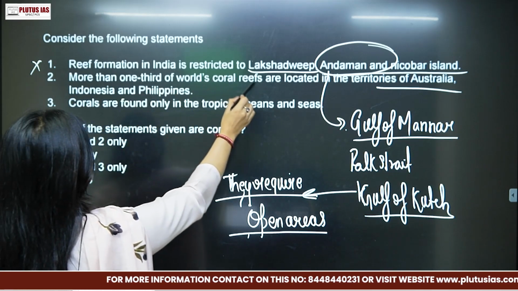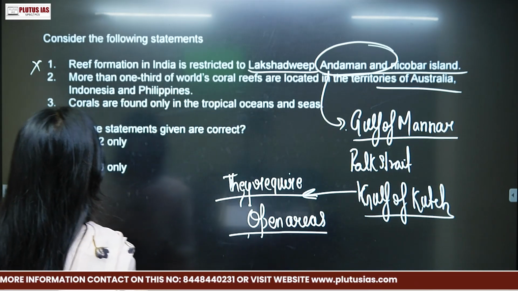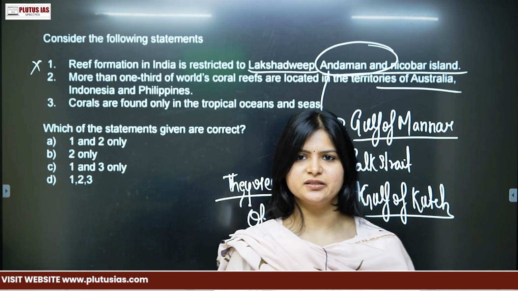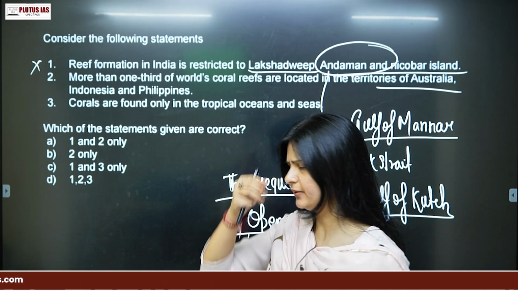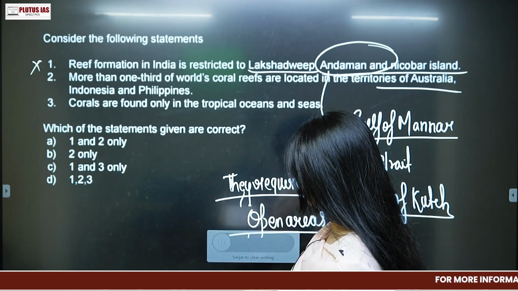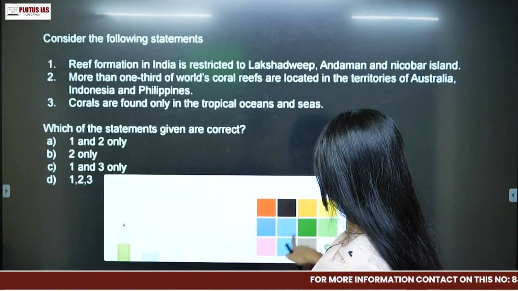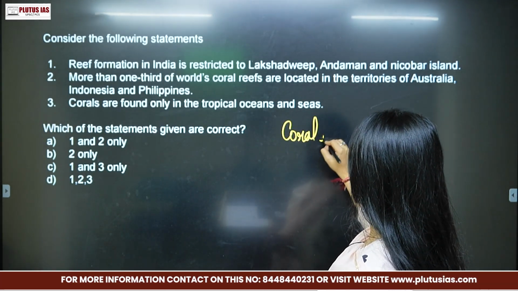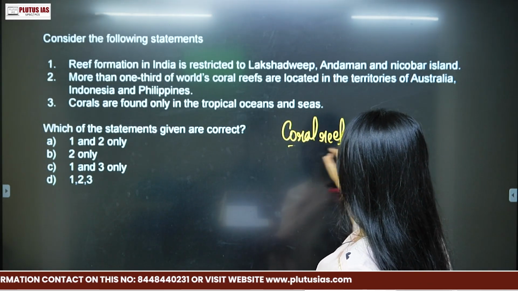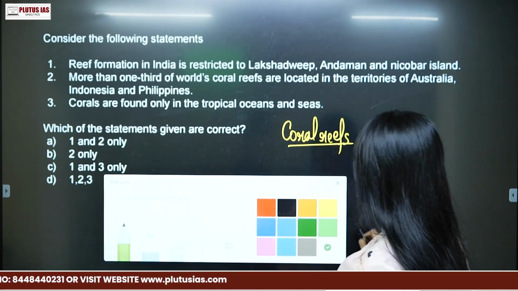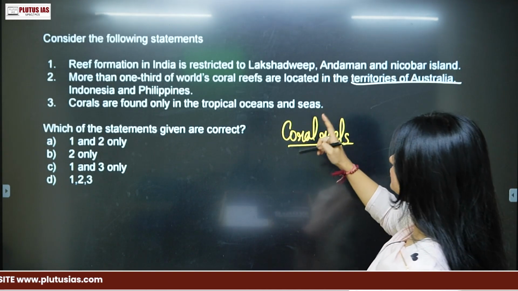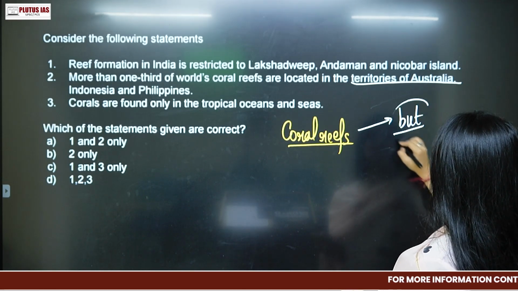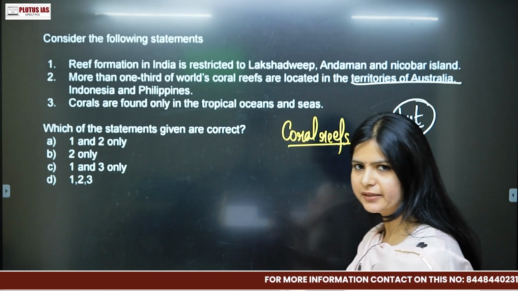More than 1/3 of the world's coral reefs are located in the territories of Australia, Indonesia, Philippines. Now this portion is very static. You need to know that yes, majorly the coral reefs are found in Australia, Indonesia and the Philippines, but these are not the only places where they are found.